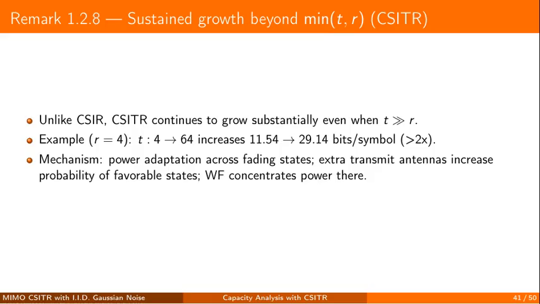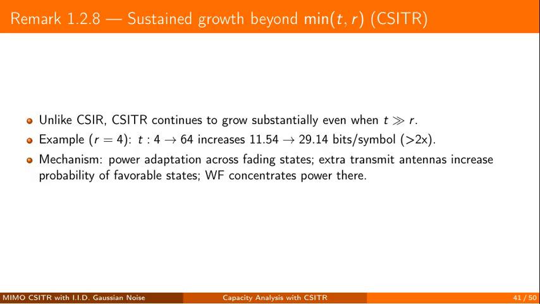A more striking observation. Unlike CSIR, CSITR continues to grow substantially even when the transmitter has far more antennas than the receiver. Take 4 receive antennas. Going from 4 to 64 transmit antennas raises the capacity from 11.54 to 29.14 bits per symbol, more than a doubling.